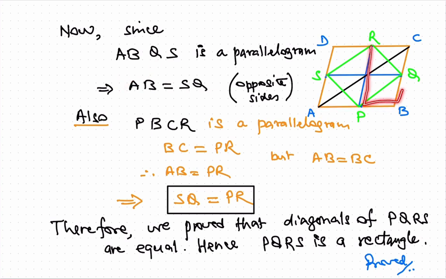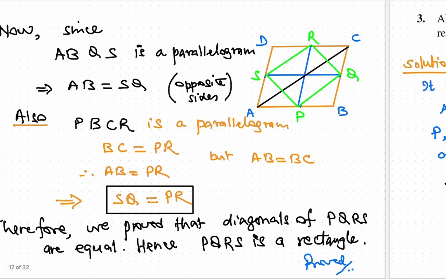Similarly, we considered the parallelogram PBCR and proved that AB is equal to BC is equal to PR, and by virtue of the rhombus AB is equal to BC, so we get SQ is equal to PR. Therefore, we proved that the diagonals of PQRS are equal, hence PQRS is a rectangle. Problem is solved. Now next problem.